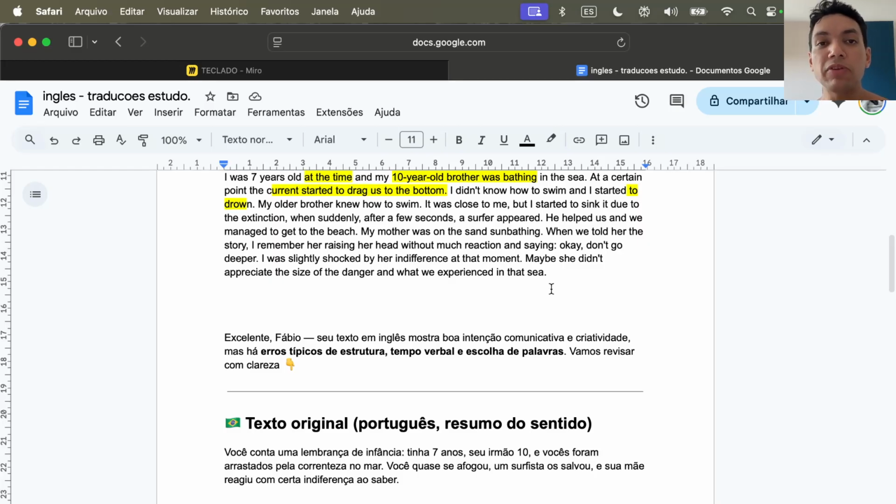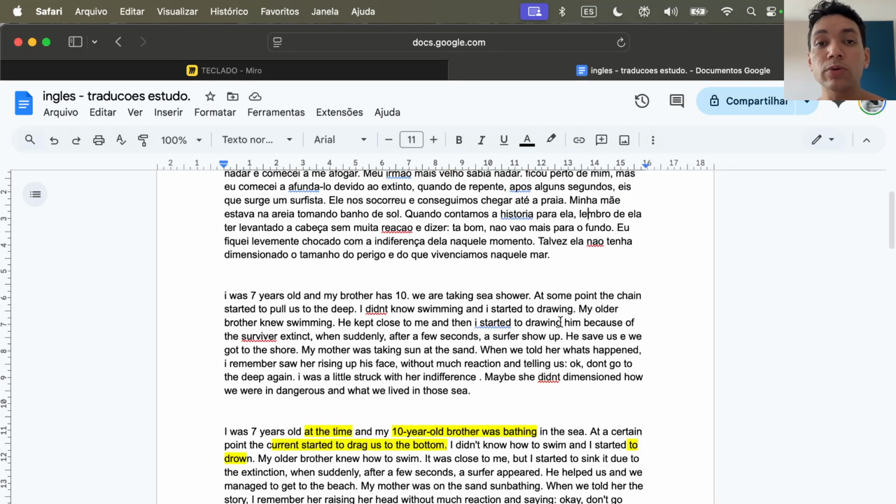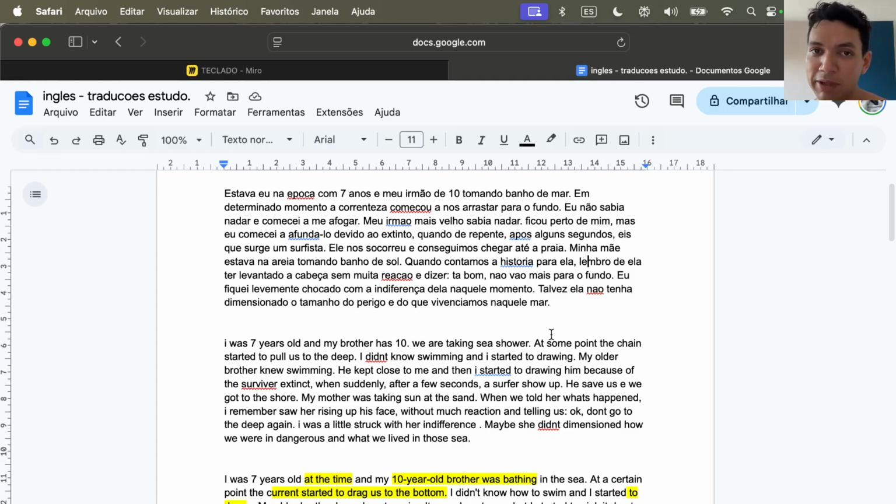Okay, ChatGPT, I'm studying English, and I typed these two texts. Can you tell me where I am? How can I improve my English? How can I get better in some points?